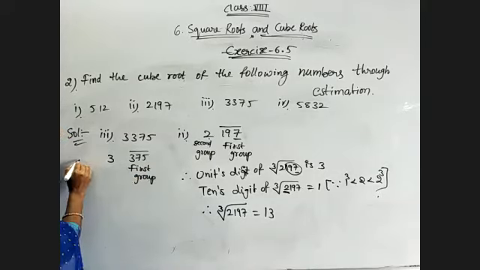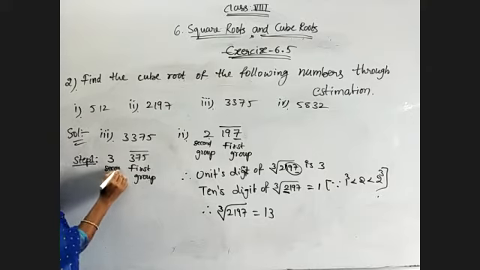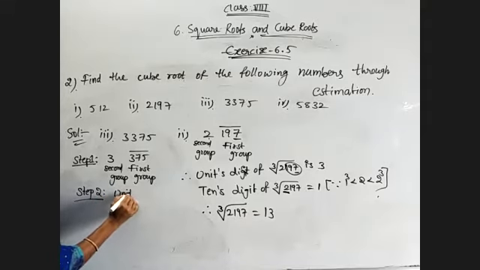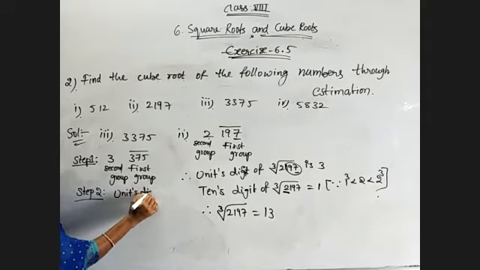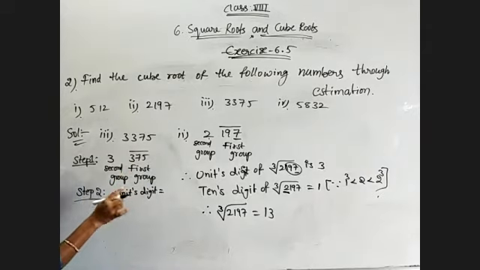And the second group is only 3. In the second step, we decide the unit digit. The unit digit of which number are we finding? The cube root of this one only, no?